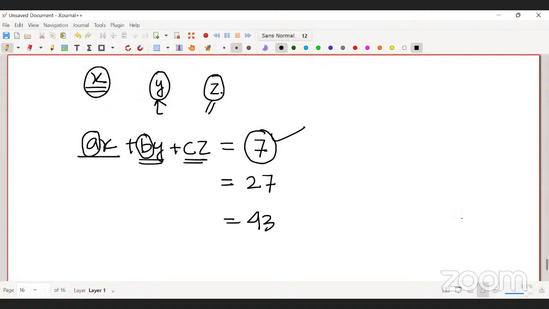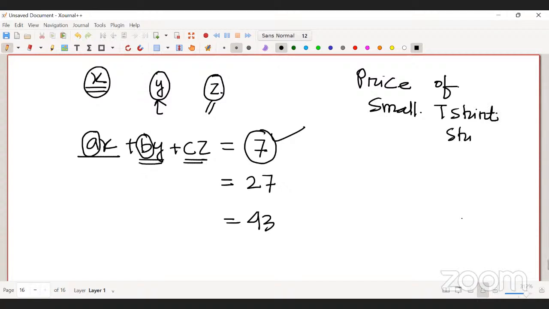So see, the price of small t-shirt, then another one is, I guess, shirt, right? And I guess jeans, right? All are the same, right? Price of small t-shirt and shirt and jeans, they are the same, correct or no? Correct. So you denote that price as X, right?